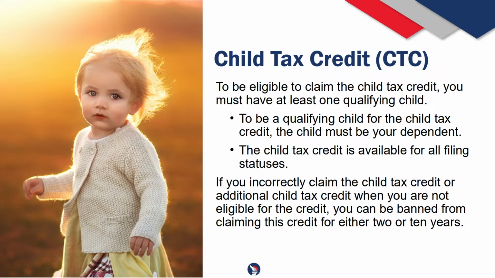And this is true for the earned income credit that we talked about yesterday. That same sentence can be said. If you get caught taking advantage of earned income credit, if it's just a minor mistake, a miscalculation, no big deal. If you're pushing the limits, they can ban you for 2 years. And if it's an out-and-out fraud situation, they can ban you for 10.